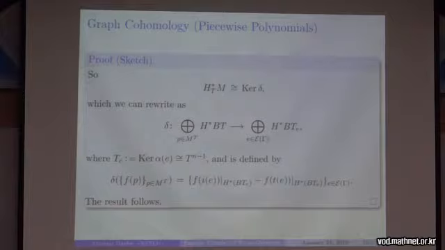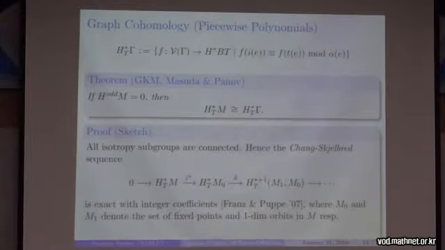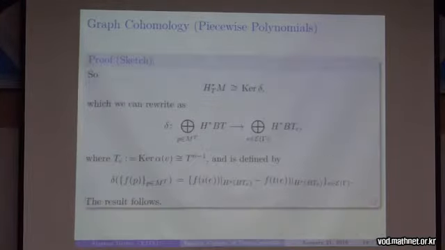Okay, so we can now identify the equivariant cohomology with the kernel of this map delta, as it will be the same as the image of that map i star.